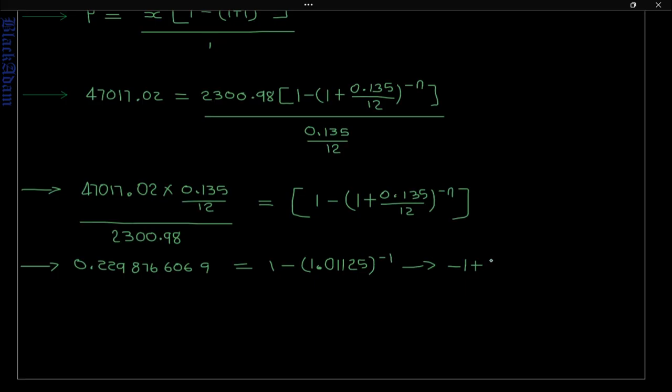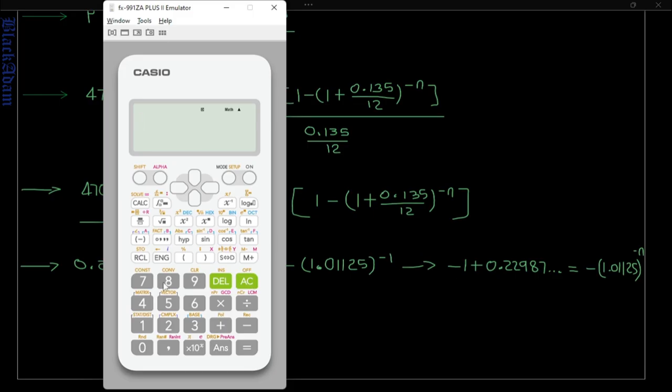So it's going to be negative 1 plus 0.2287, that's the left hand side, equals negative 1.01125, all that to the power negative n. So okay, it's negative n there.